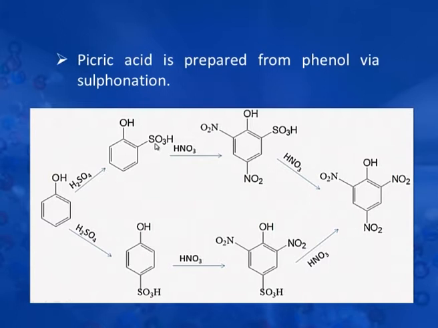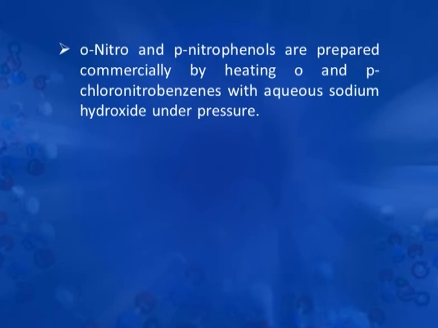Ortho-hydroxybenzene sulfonic acid gets nitro group at this and this position, whereas para-hydroxybenzene sulfonic acid gets nitration at position 2 and 6. Now, upon further treatment with nitric acid, there is formation of picric acid. So, the picric acid produced by this method is in good yield compared to the earlier method we had discussed.